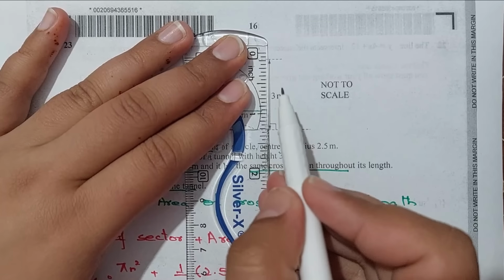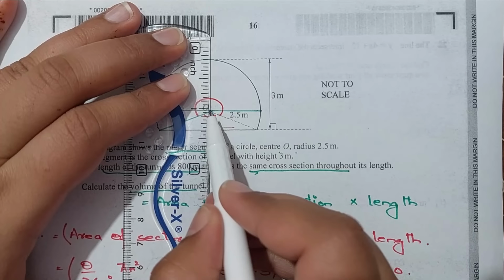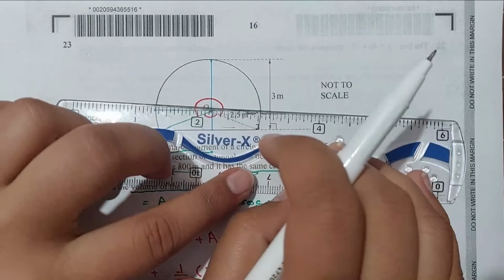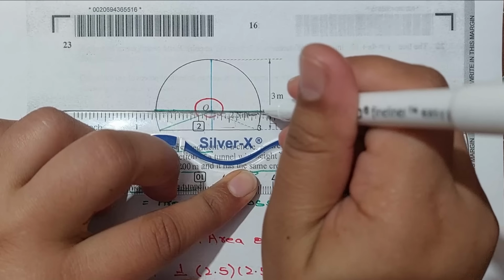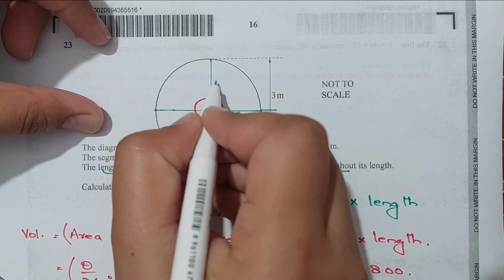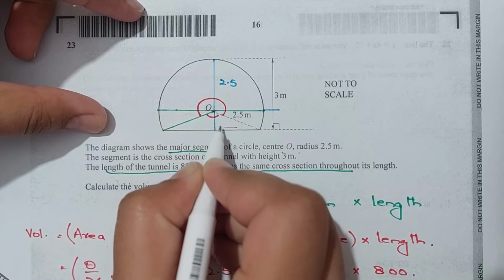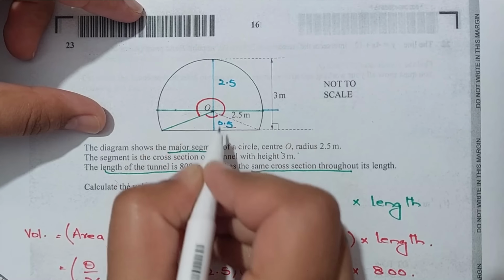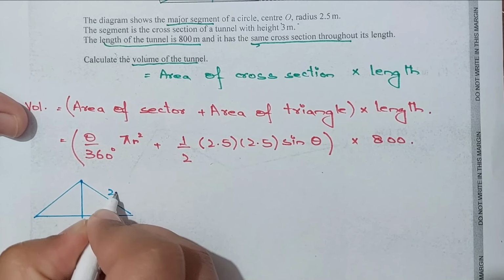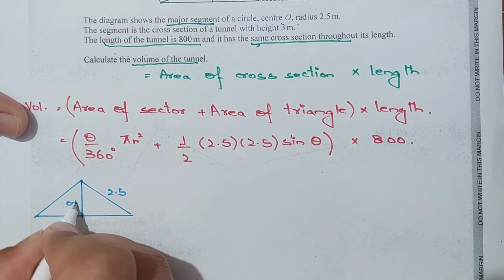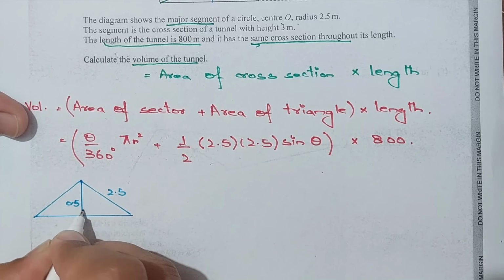Since the whole length is 3, from this to this length is 2.5, and this length is 0.5, because 2.5 plus 0.5 makes the length 3. Okay, this is 2.5, this is 0.5, and this is the hypotenuse. This is a right angle triangle.